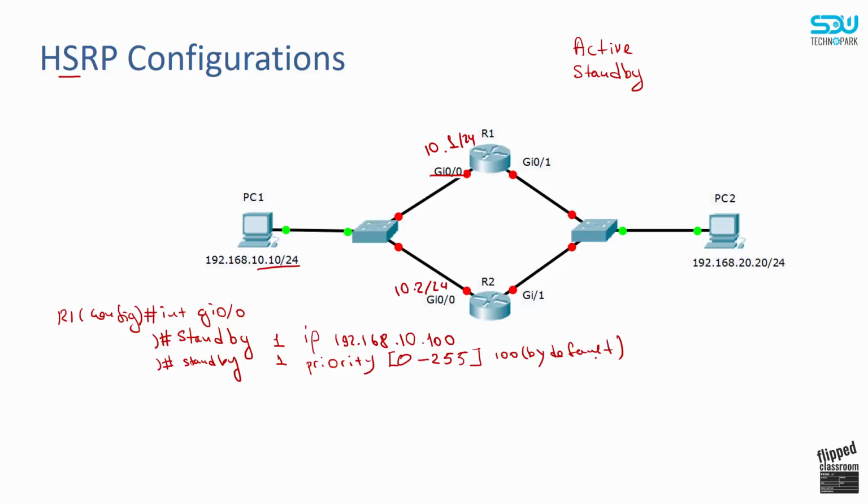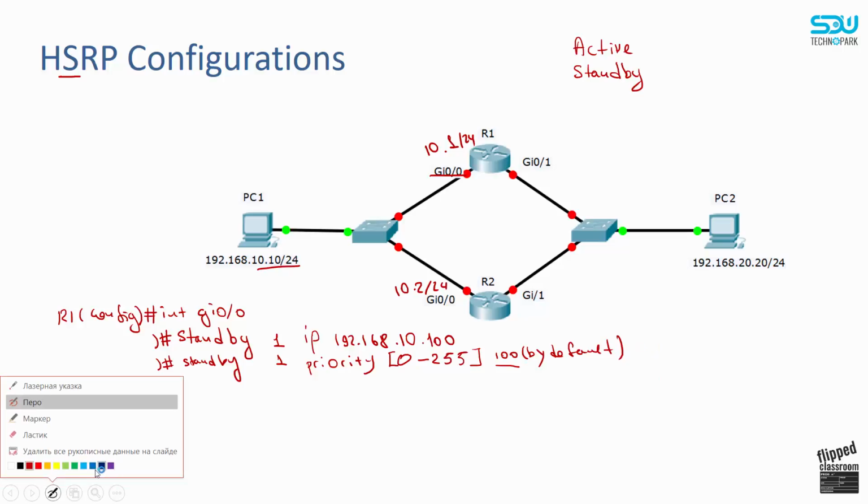And due to the fact that this is not a metric, the highest priority will be the best priority actually. So if you have priority 100, then it is a standard default priority. If another router will have priority which is higher than 100, then that router will become active. And this priority is used, so let me change the marker.